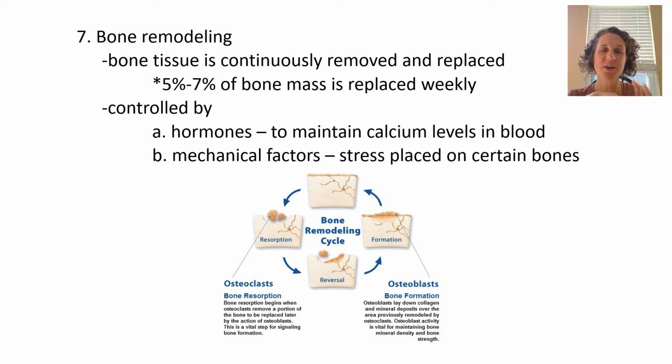reusing the parts and the cells because it's just being transferred, but it is continuous, and it is controlled by hormones, first of all, because your hormones are working to maintain a certain calcium level in your blood. This helps with cell functions and all those kinds of things. This is something that will change over time.